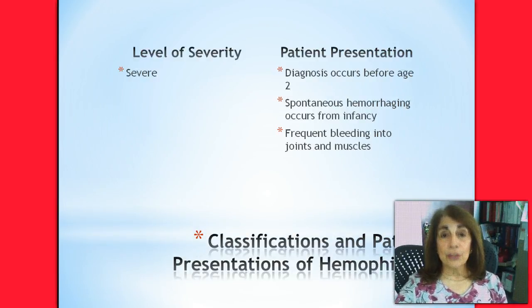Of course, there is severe hemophilia A and severe hemorrhaging. This is diagnosed by the age of 2. There is frequent bleeding into the joints and muscles, and spontaneous hemorrhaging occurs from infancy.